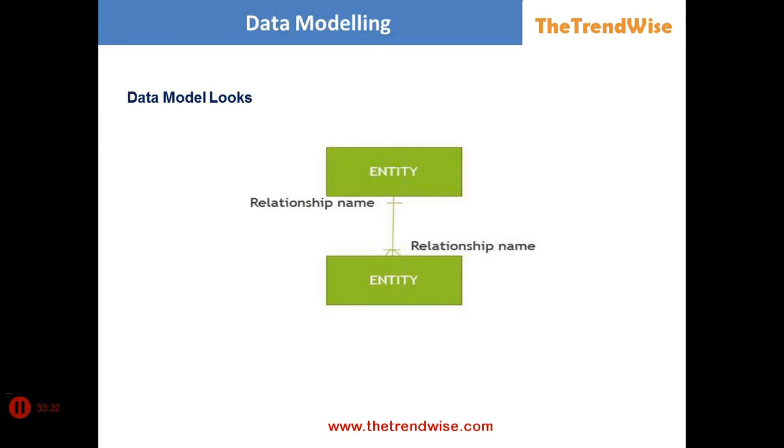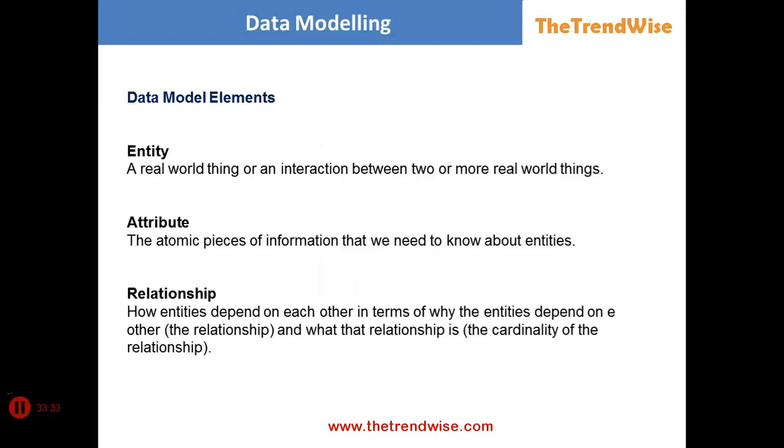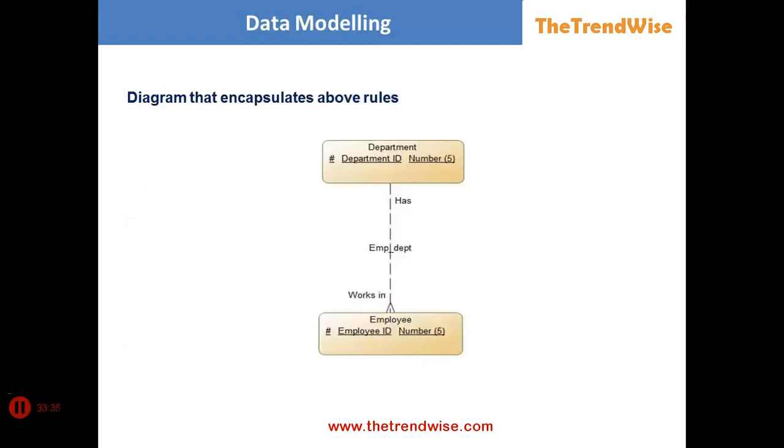Let's say I have to make a model between an employee and a department, where I say in simple terms that multiple employees work in one particular department in an organization. Then how would I make the model out of it?